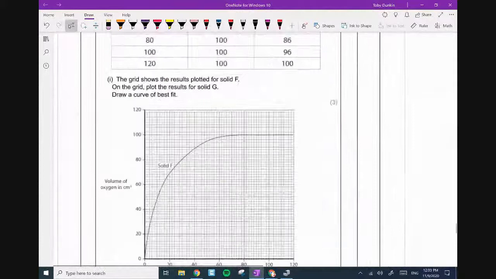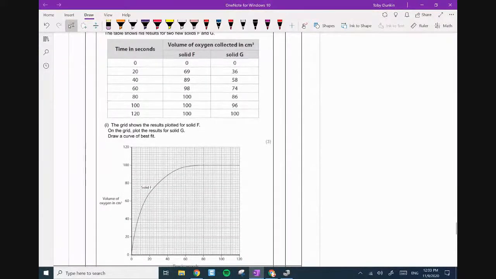Next, you had to plot a graph, nice and easy. So you had to just plot the graph for G. 0 was 0. Then 20 seconds was 36. And then 40 seconds was 58. And then 60 seconds was 74.